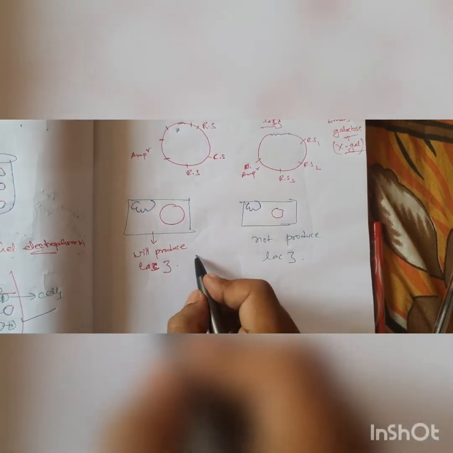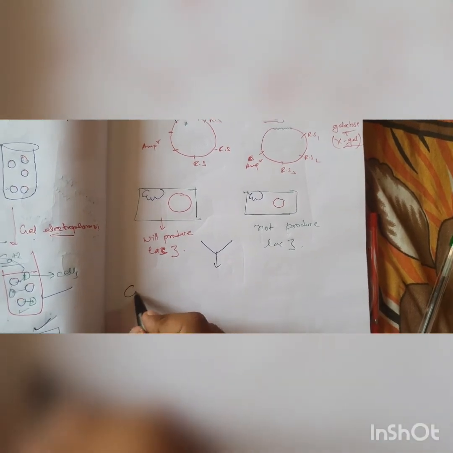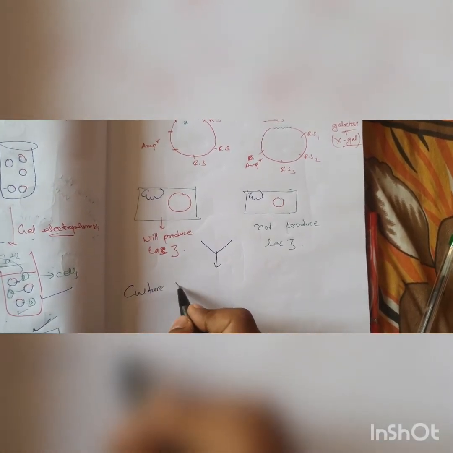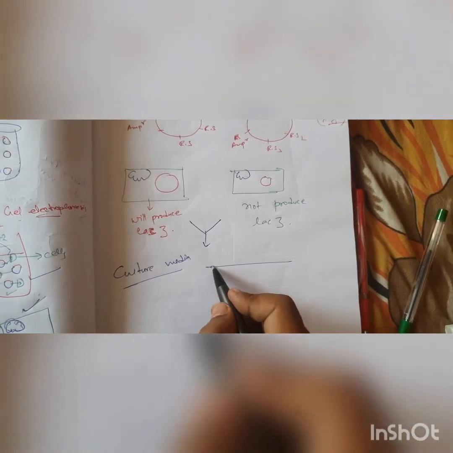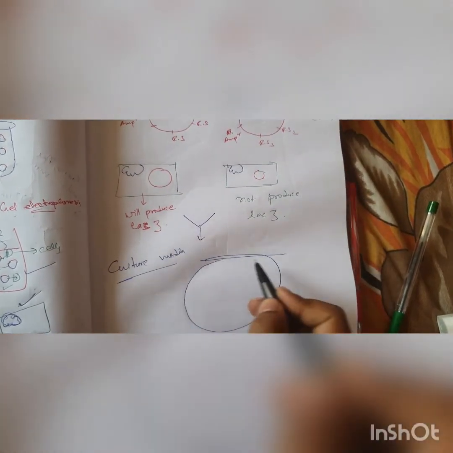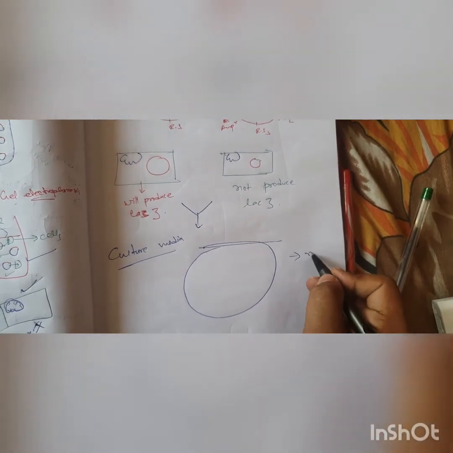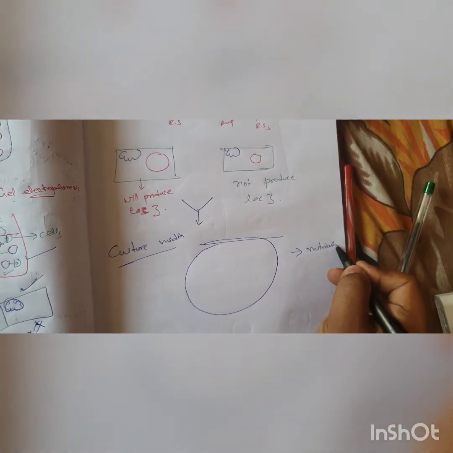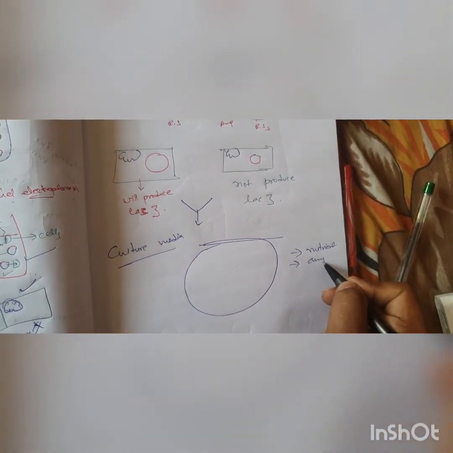Now, if you grow them in a culture media, suppose this is a plate, culture media means there is nutrient for growth and there is ampicillin put.